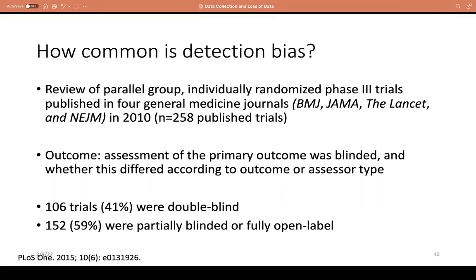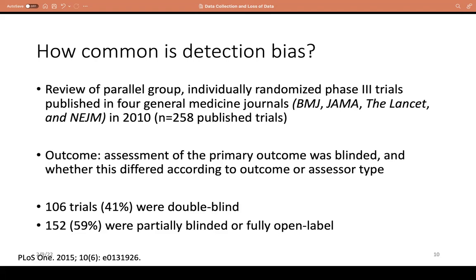How common is detection bias? As we've discussed, there are studies that review published trials, often in the large general medicine journals. In this review of 258 published trials, they looked at whether or not the primary outcome was blinded and whether or not this differed according to the outcome or assessor type.